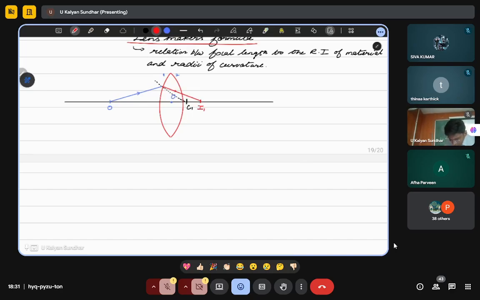This is your I1, the image formed by the first surface. Now, this I1 will be acting as a virtual object for the second surface. Right? அப்ப I1 ல இருந்து இப்ப லைட் வந்து second surface க்கு போகும். Right?